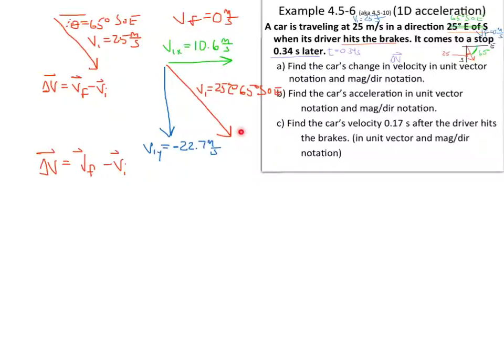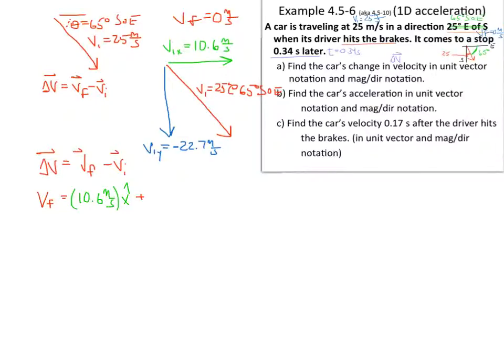So v final is going to be 10.6 meters per second x hat, and that f in the final doesn't look very f-like. I'll just rewrite it. And what component in the y direction?